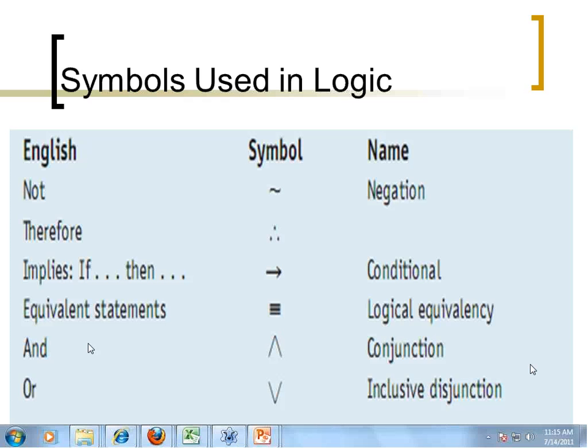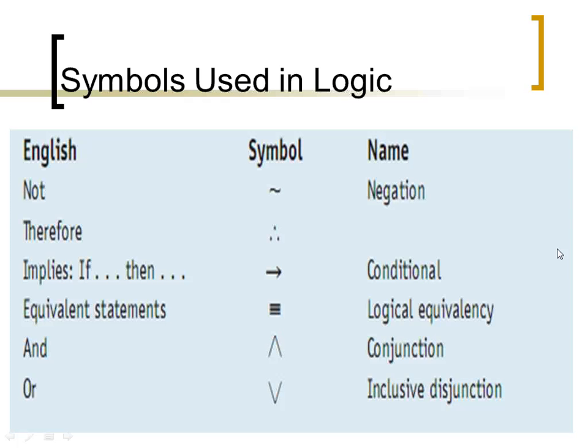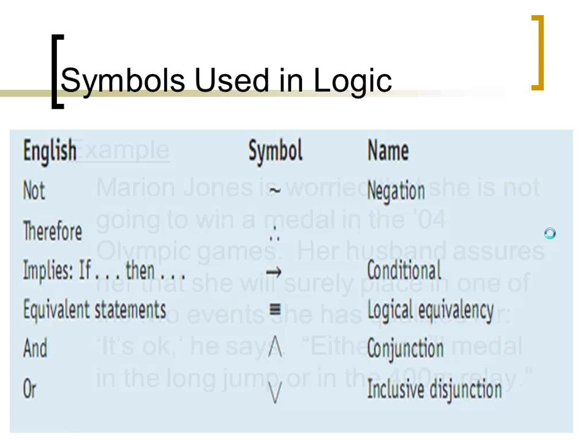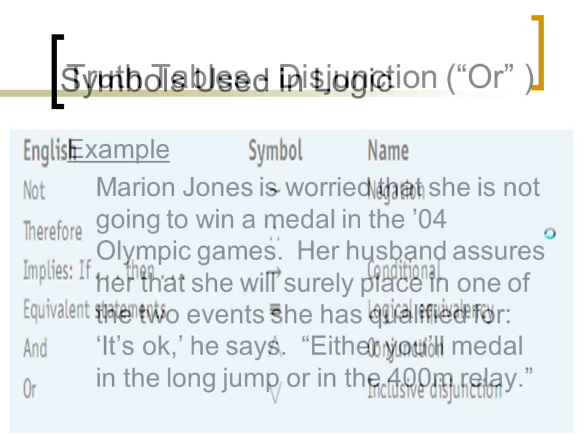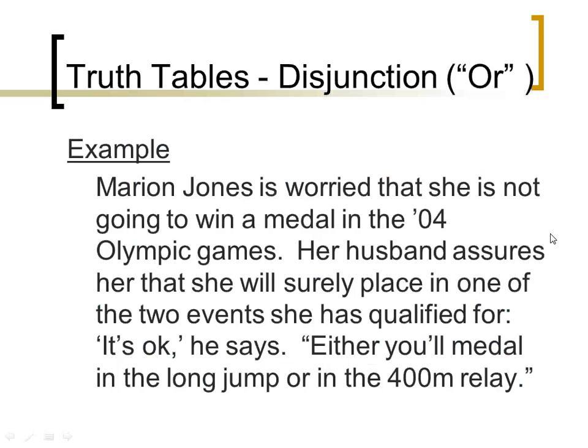All right, I'm just checking to see if there are any questions from Ruth. If not, we'll continue with our truth tables. The first one we'll look at is the OR truth table, which is called disjunction. Marion Jones is worried that she's not going to win a medal in the 04 Olympic Games. Her husband assures her that she will surely place in one of the two events she has qualified for. It's okay, he says.